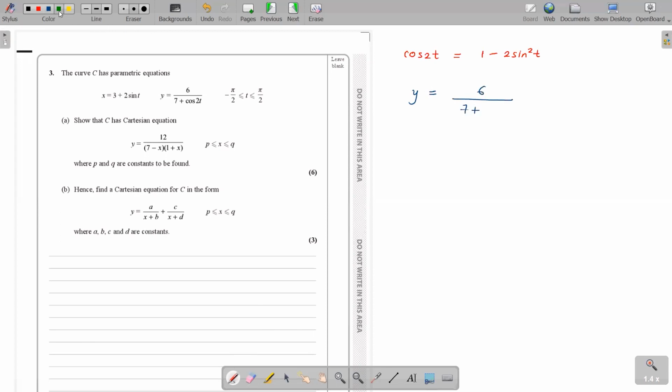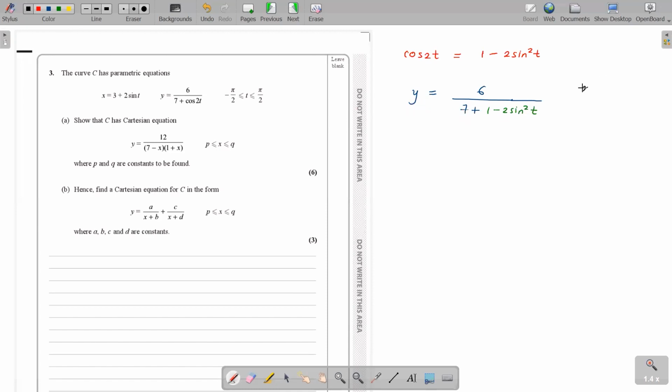Who is cos 2t? 1 minus 2 sine squared t. Are you with me? And then what do we do? The sine squared t, basically the sine t value I can get from the first equation. So I'm not going to change the order here and make sine the subject, because y is the subject already. So leave it like this.